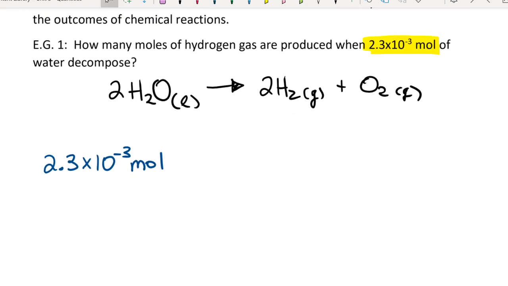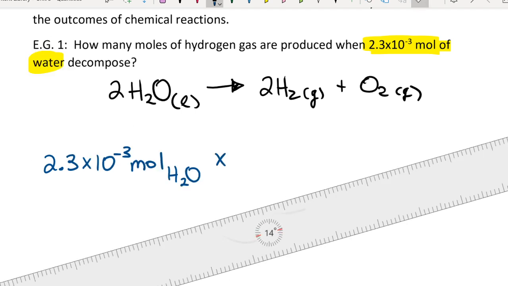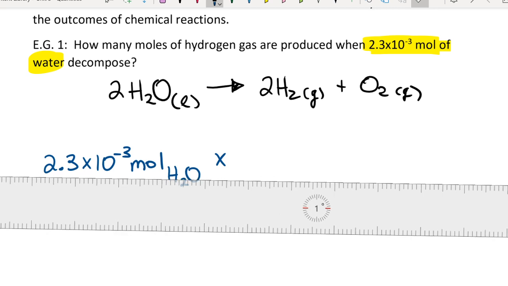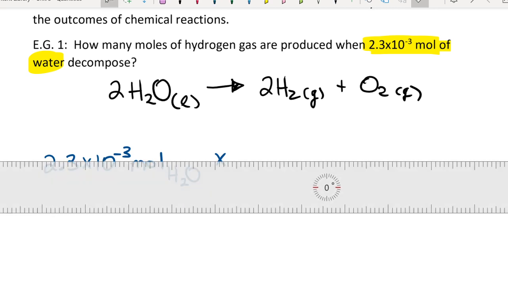All right. So we start out with that many moles, but that many moles of what? Of water. Okay. When I do dimensional analysis, I always draw a fraction.